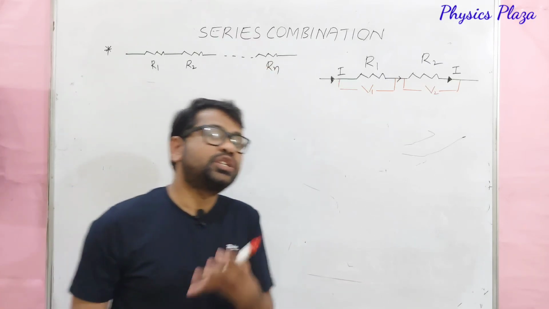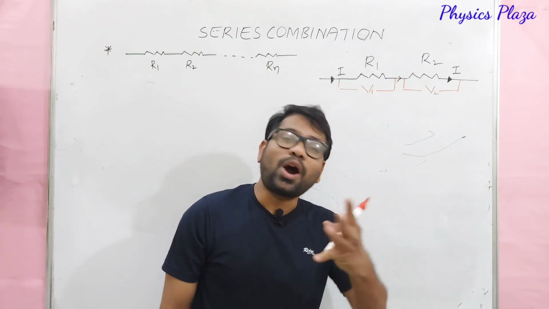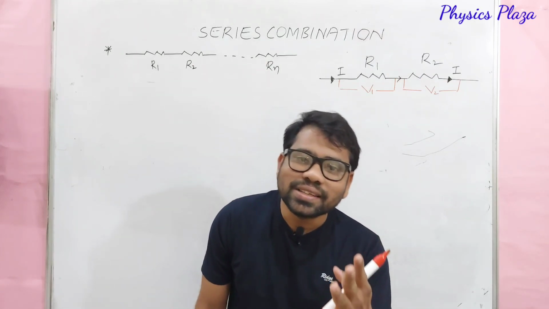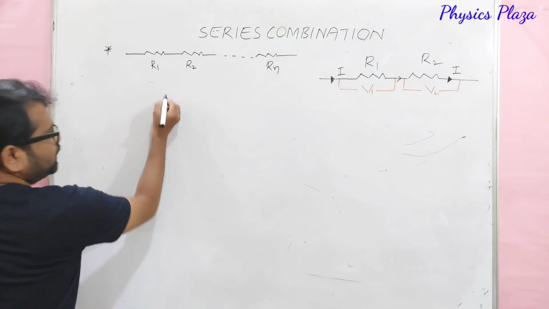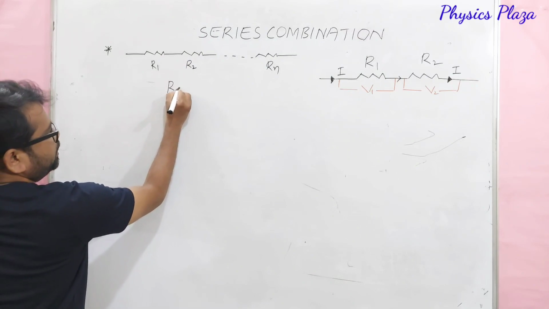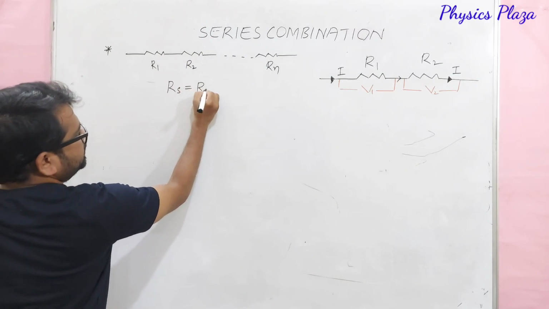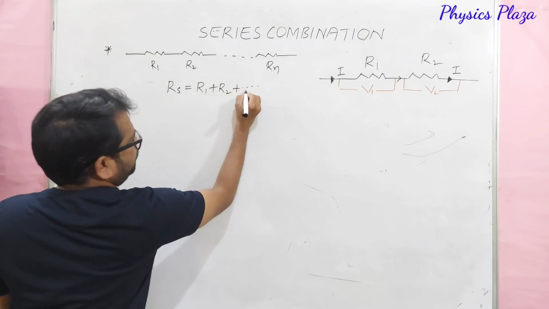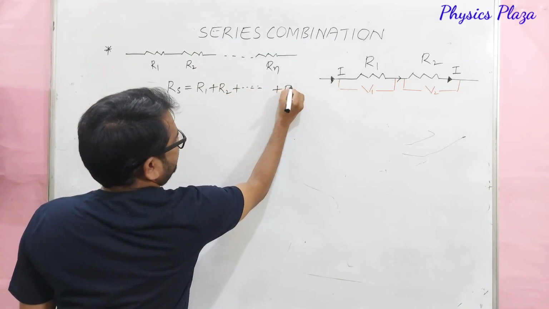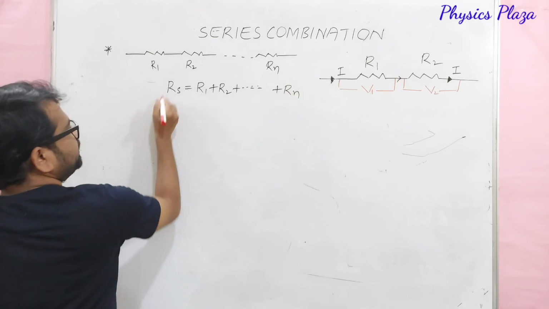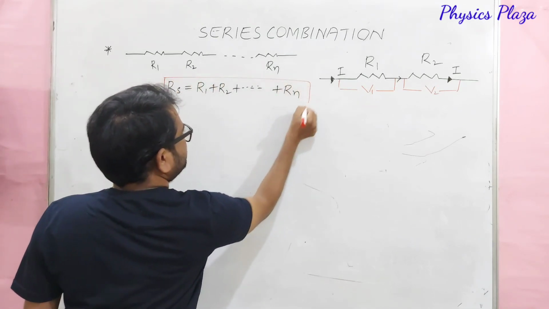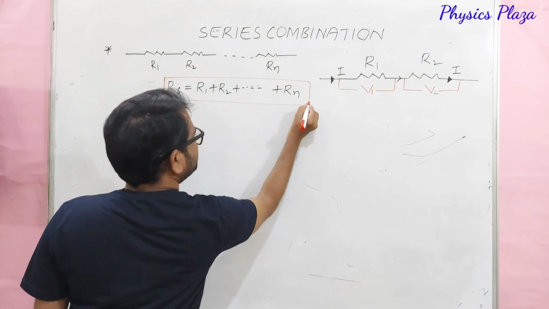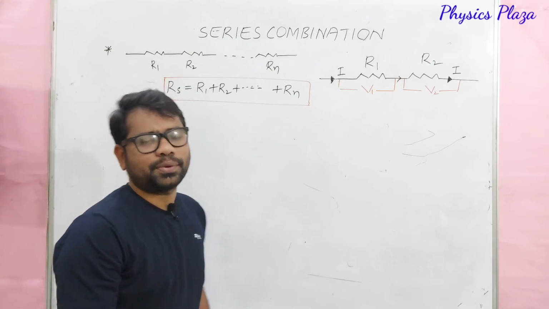Means the resistances are different. N resistors we are connecting. Then the resultant resistance here, dear children, Rs we can write as R1 plus R2 up to Rn. Children, it's a very important expression. We just have to do the summation, that's it.